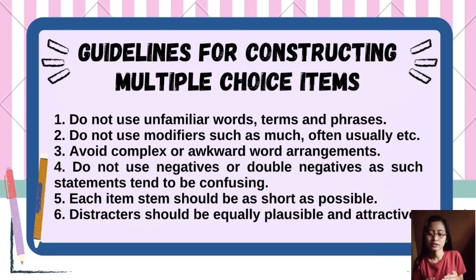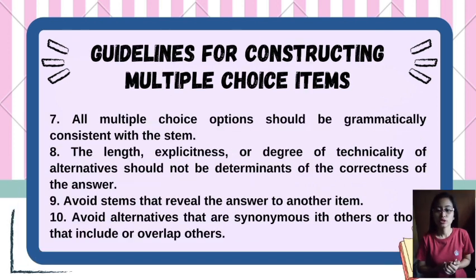Distractors, or the incorrect answers, the options, should be attractive. Seventh, all multiple choice options should be grammatically consistent with the stem. The options should be grammatically connected to the problem or to the question.